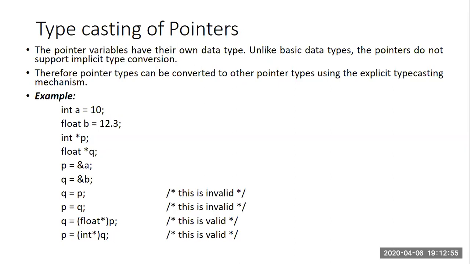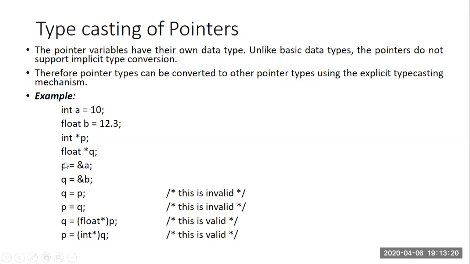So that's why when I am going to convert this pointer p to a float type of pointer, meaning to store the address of a floating point number, we need to explicitly typecast it. And the typecasting syntax is just like this.